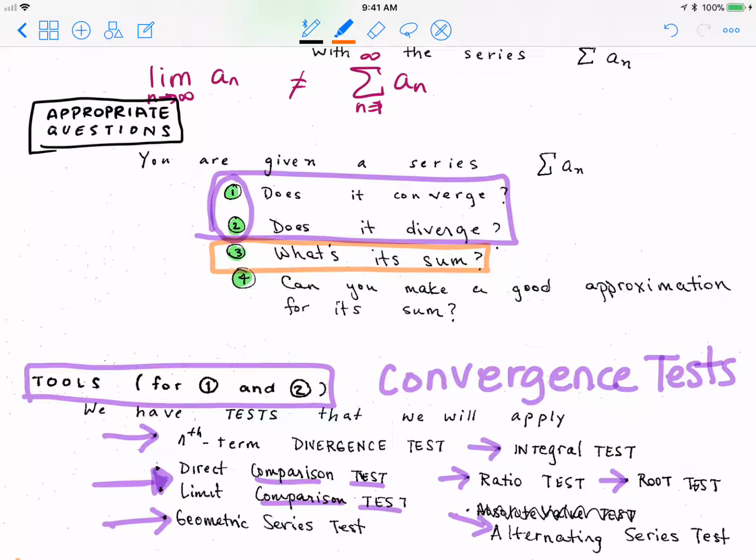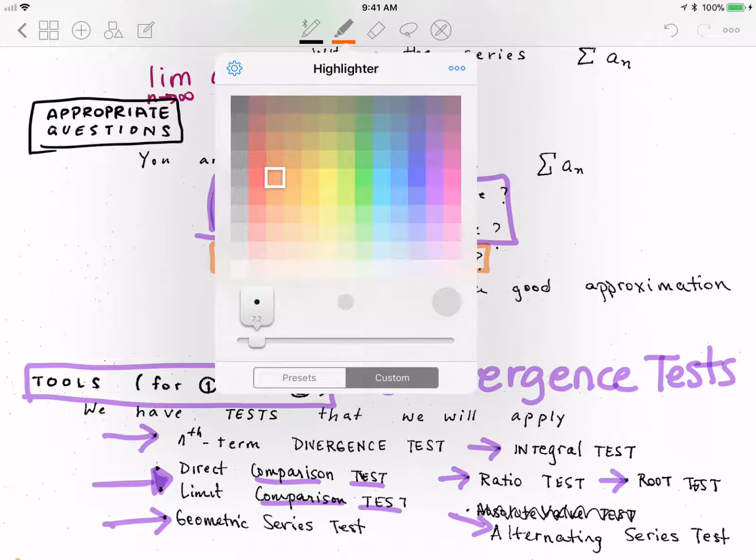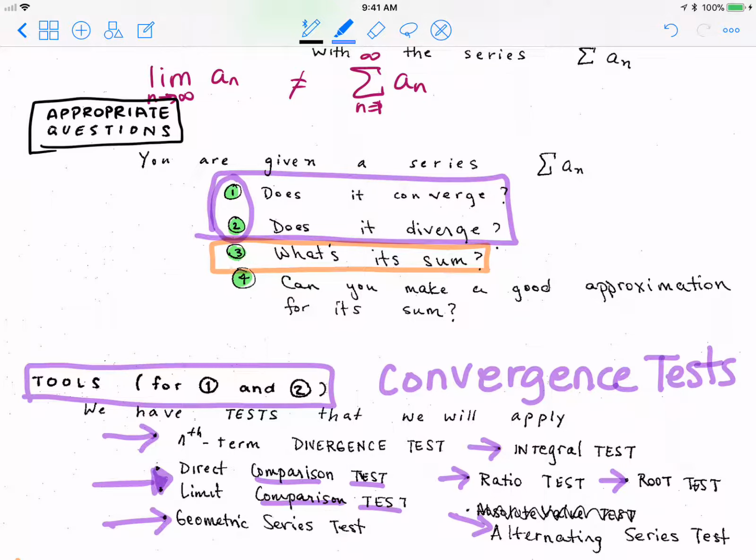Okay, that was the tools for the third question, which is what's the sum. And the fourth question, which is, can you make a good approximation? This is going to be the most useful.